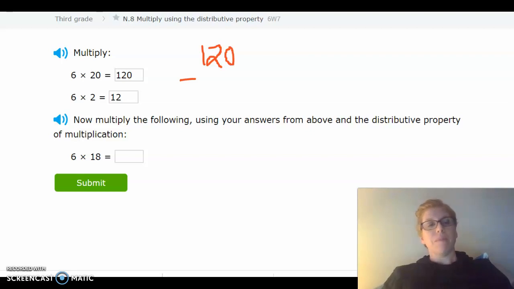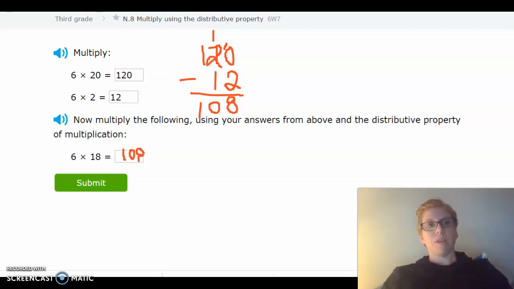And you could always count back by 10, but I like having it out in front of me. Borrowing from the tens place, bring this over, have 8 in the ones place. 1 take away 0 is 0. And then bring the 1 down, 108. So 6 times 18 is 108.